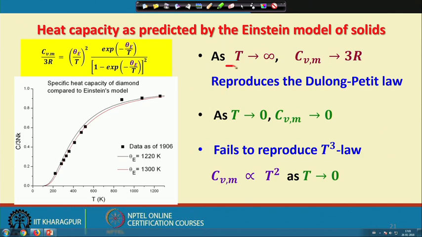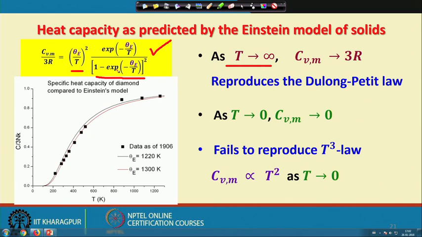At very high temperature, if you look at the expression for CV as predicted by the Einstein model, you will find that this quantity actually would go to 1. Whatever appears here on the right hand side, this will go to 1, because I have 1 by t here. So, as t goes to infinity, this goes to 1, and if I expand, then what I have on the right hand side is 1 minus e to the power of minus theta E by t, and this I can write as 1 minus 1 plus theta E by t.